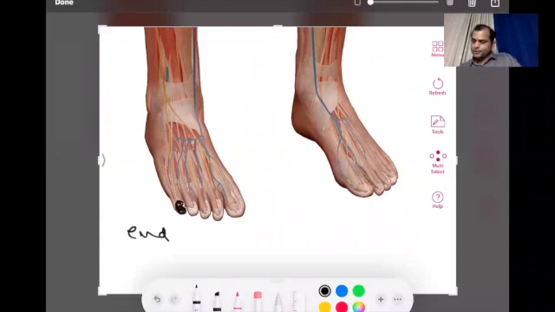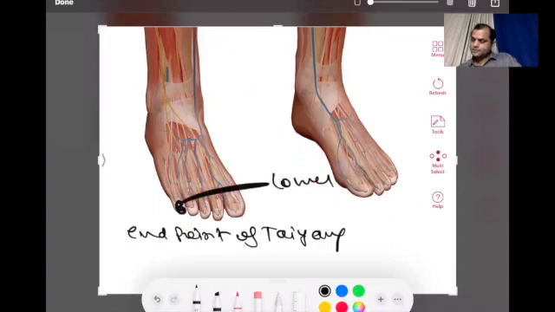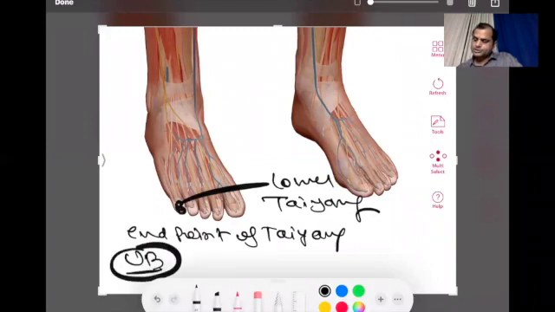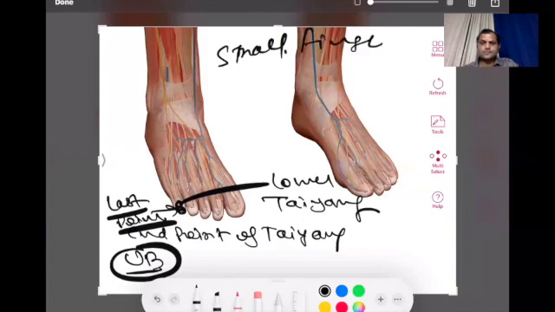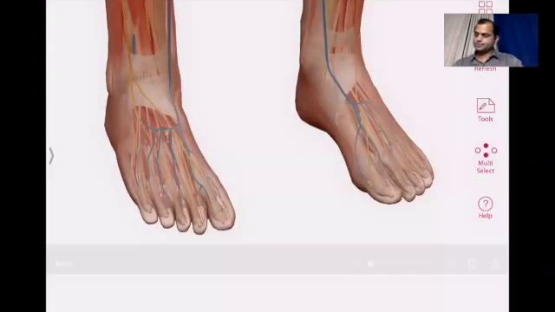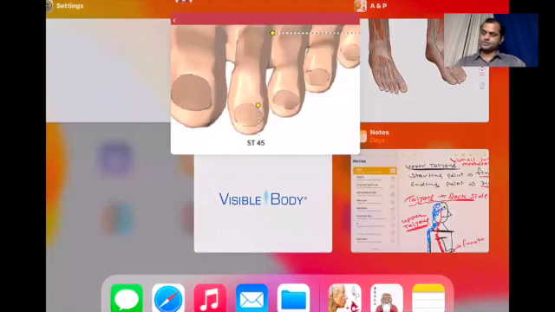So this is the end point of Tai Yang. Lower Tai Yang ends here, which is called the urinary bladder meridian. So this is the last point here. So Tai Yang starts from the small finger and ends on the small toe. Let's see the meridian route. Look at this image.